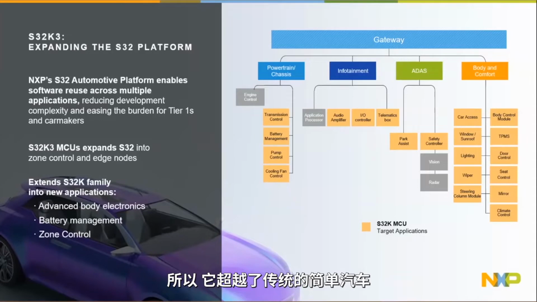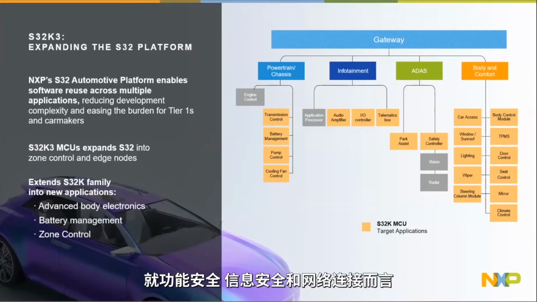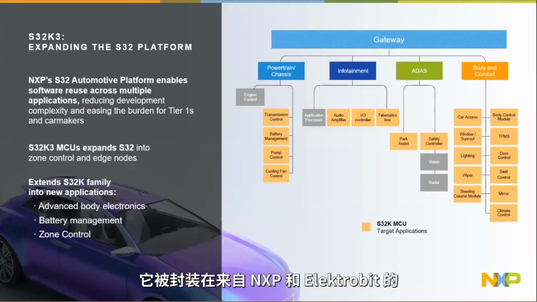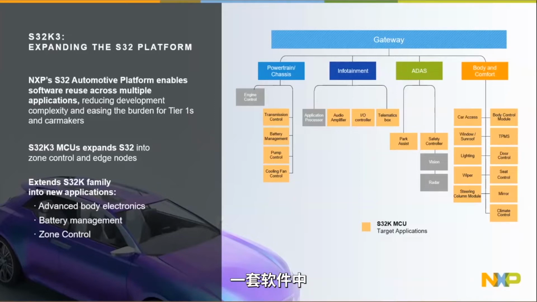So it goes beyond the traditional simple automotive MCU, reaching into a much higher level of capability in terms of safety, security, connectivity, and it's wrapped within a bundle of software from NXP and indeed from Electrobit as well.